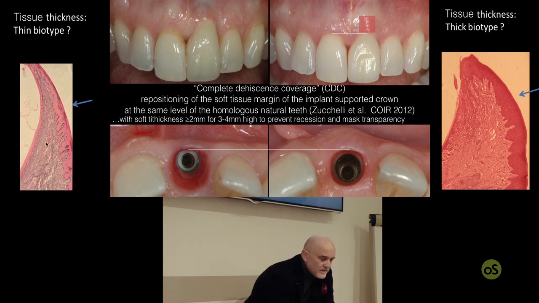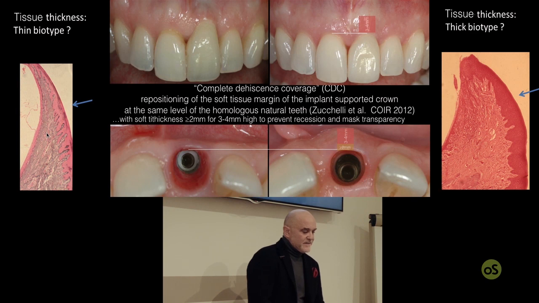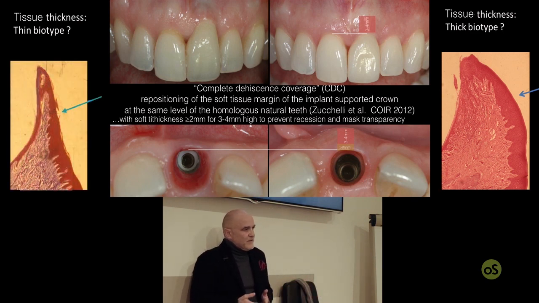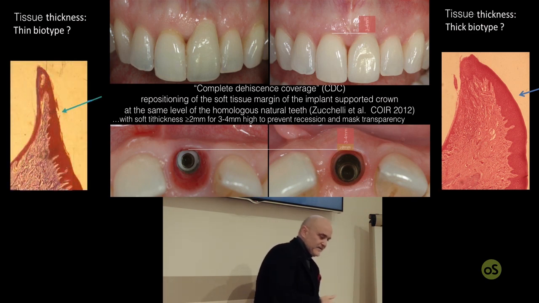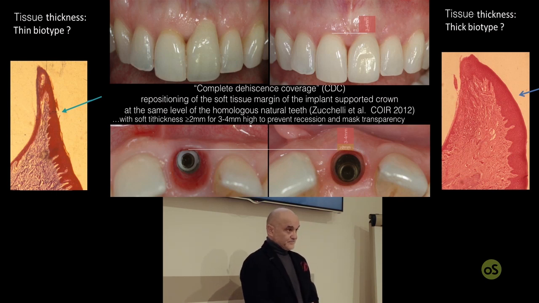We may have tissue that is very, very nicely keratinized, but the thickness comprised between the external and the internal epithelium is so small that it will recede immediately if the patient is traumatic with the toothbrush or if plaque accumulates, because the thickness of the connective tissue comprised between the external and the internal epithelium, despite the epithelium being so keratinized, can be very, very thin.